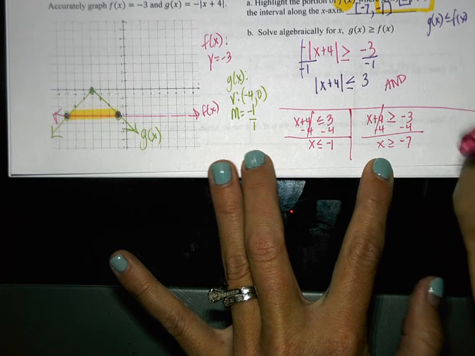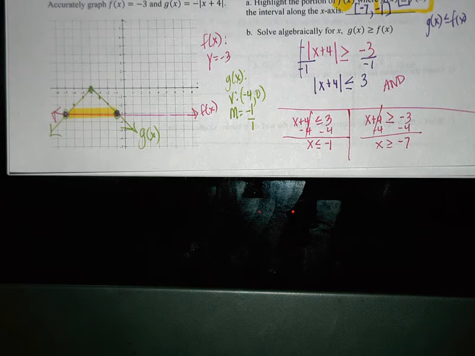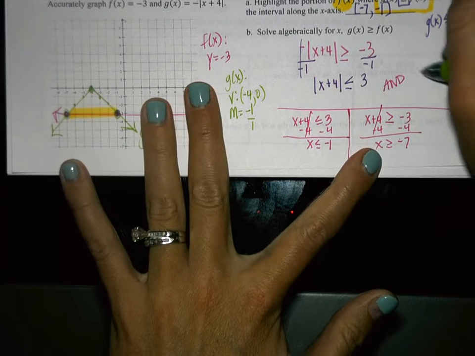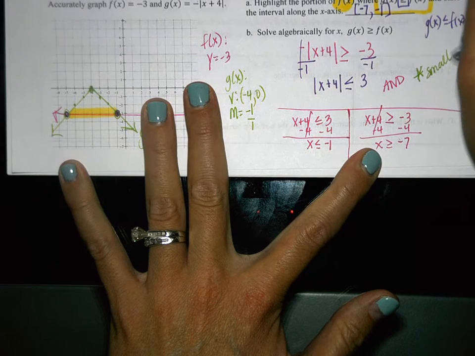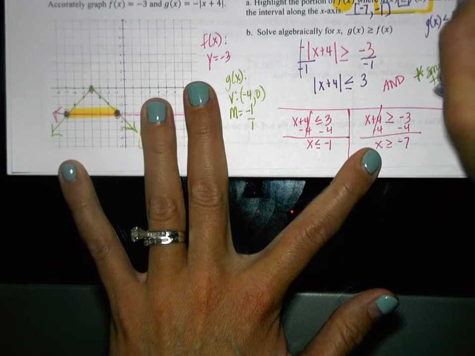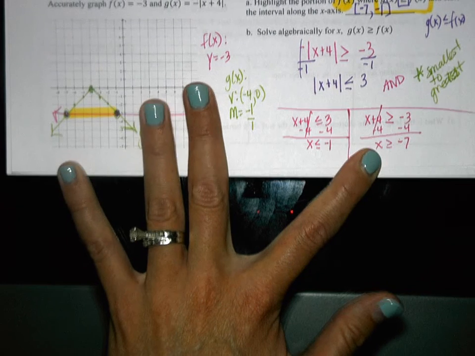Now, when you are writing this answer, we can tell that it's overlapping. We know that it's an and problem. And so you always write your answer from smallest to greatest, with less than signs.